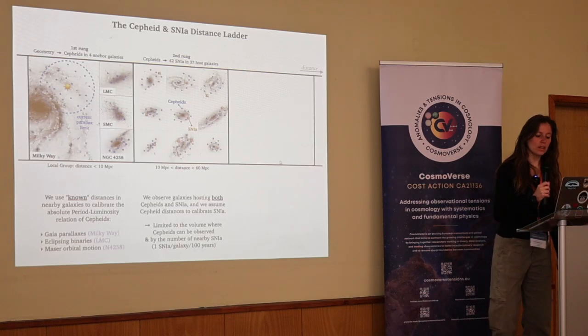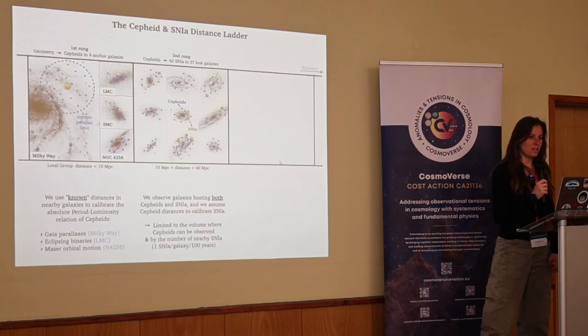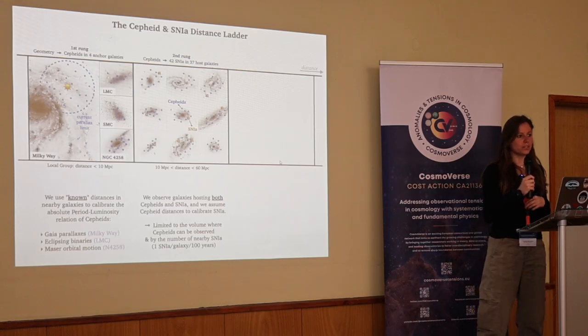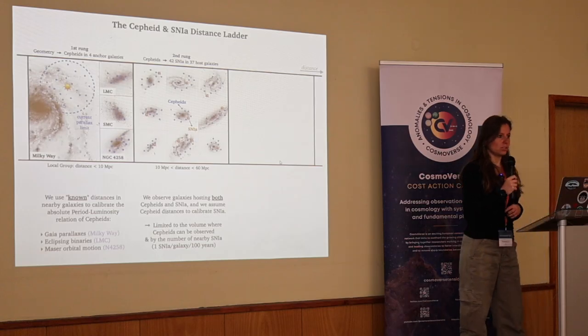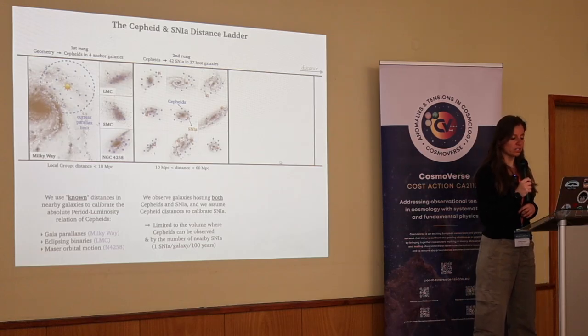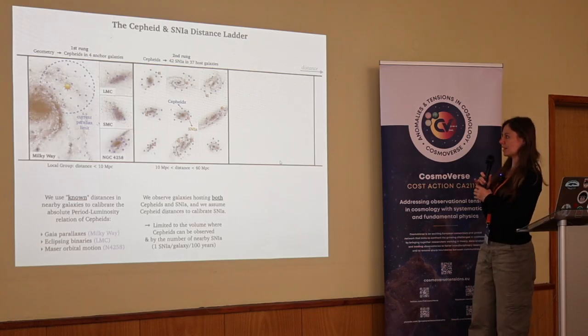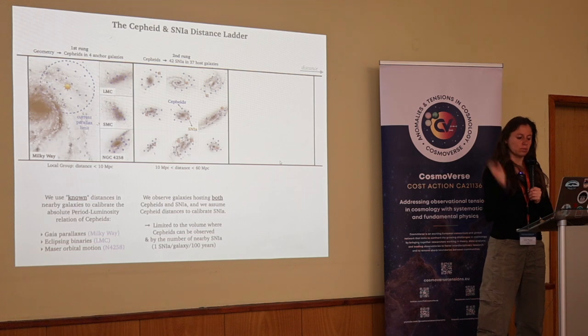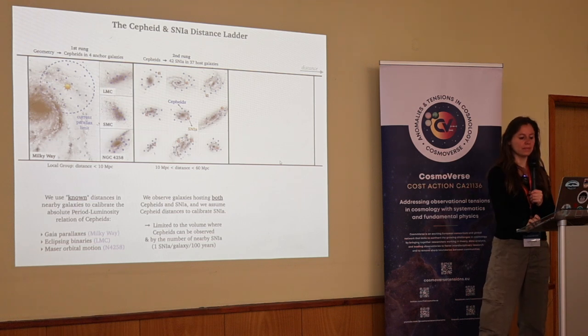So it's not so easy to have many galaxies for that second rung sample. But we have 42 supernovae in 37 hosts, so it's quite good. Some galaxies have even 2, up to 3 supernovae. So there's been a lot of work in this step recently.